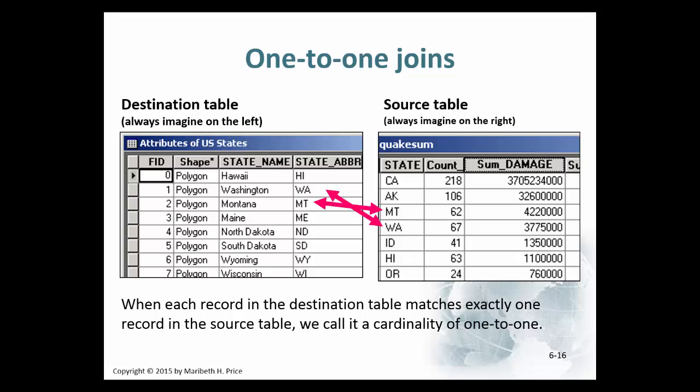The basic join is when there is a one-to-one relationship between the tables being joined. This means that one record in the destination table matches one record in the source table.